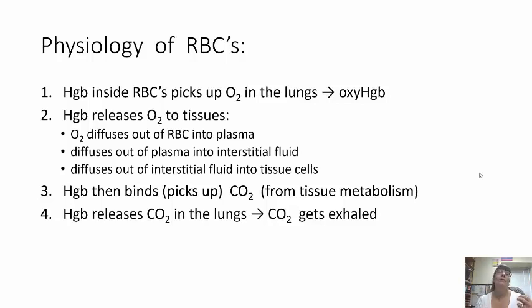So it doesn't just go from the blood to these cells. It has to go from the red blood cells to the plasma, to the interstitial fluid, into the cells. Then hemoglobin is going to pick up and bind to carbon dioxide that the tissues produced from metabolism. And it's going to take the carbon dioxide to the lungs where it's going to get exhaled.